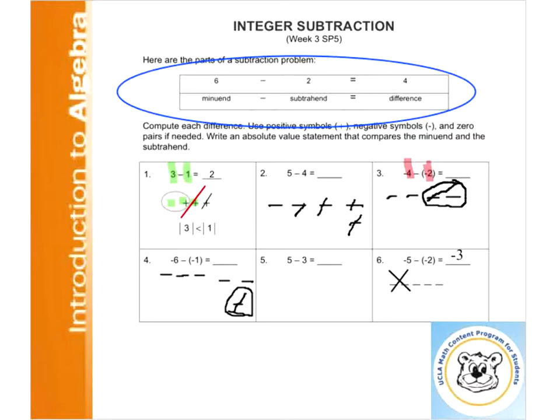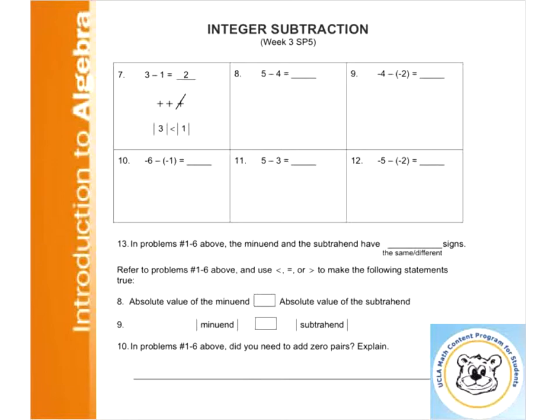All right, so here we notice that the minuend and the subtrahend have the same sign, so there was no need for 0 pairs, and that is summarized on the next page here, SP5. Actually, it's the same exact page as the previous page. I just couldn't fit everything on one page. So again, the minuend and the subtrahend have the same sign. We didn't need any 0 pairs, right?